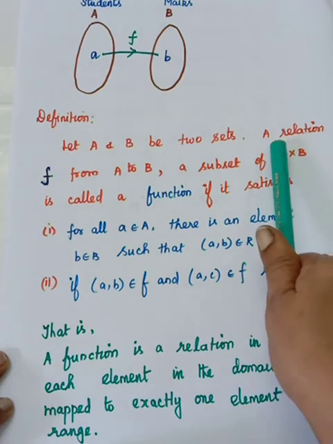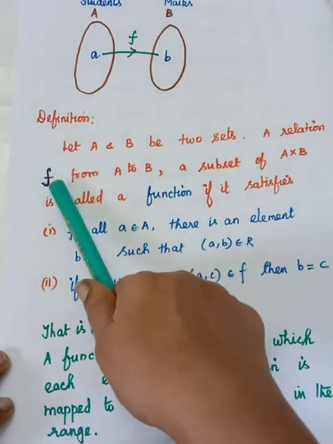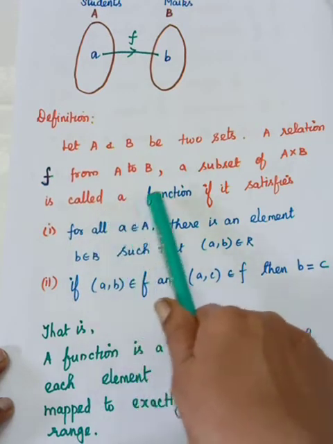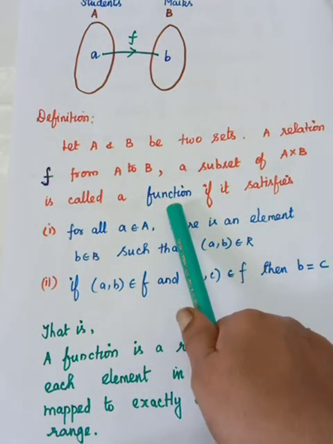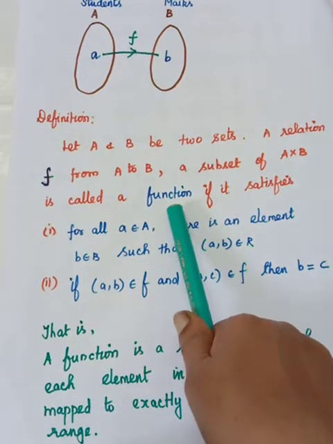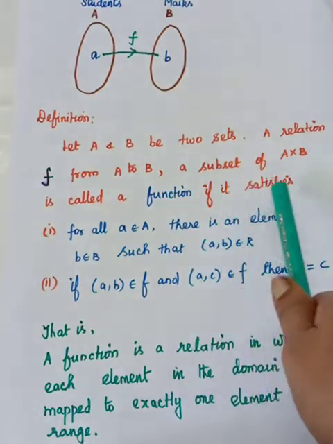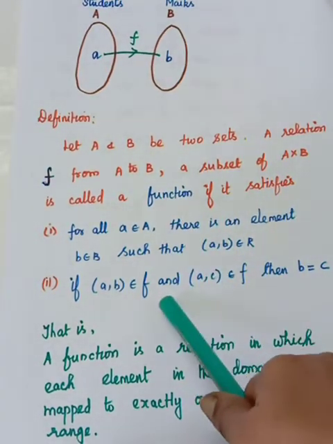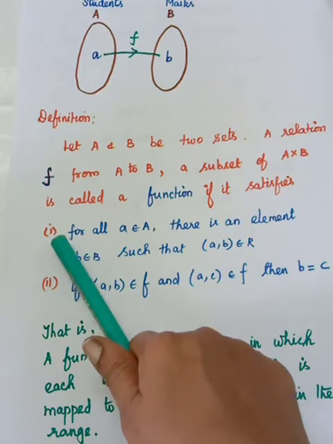So here what is the relation? The relation F is called a function when it satisfies the following two conditions. What is the first condition?